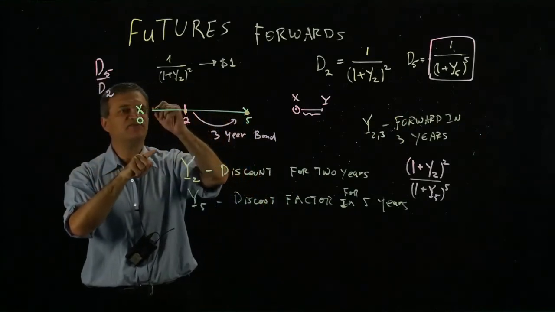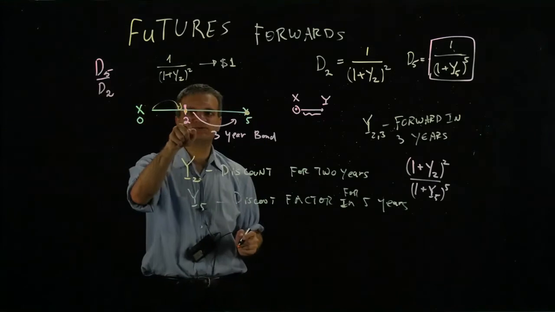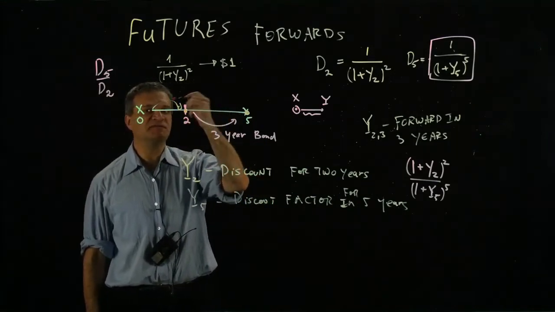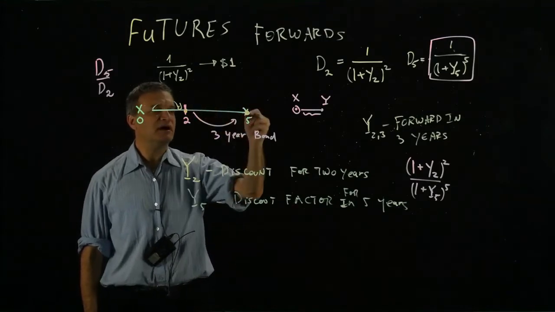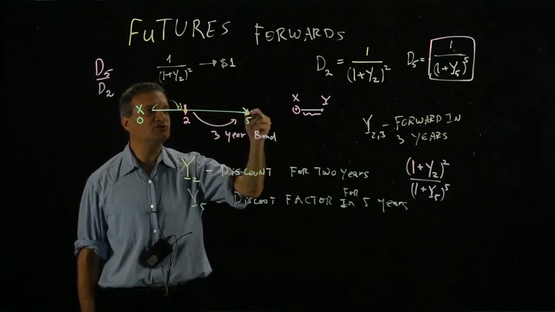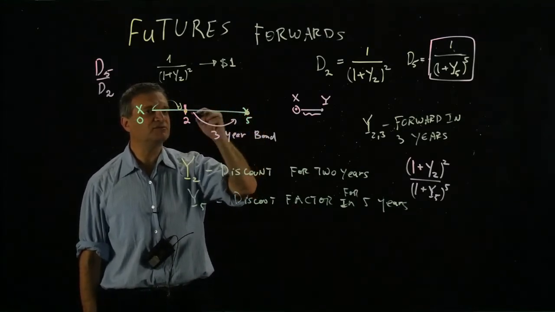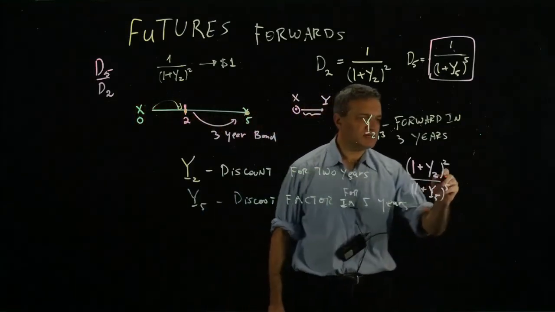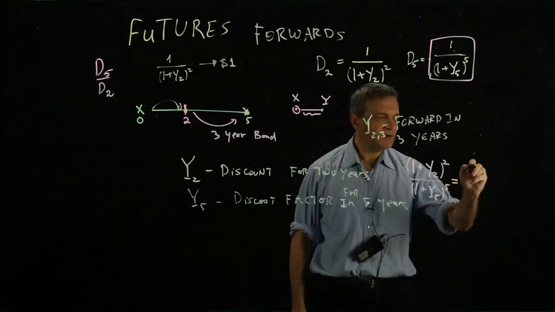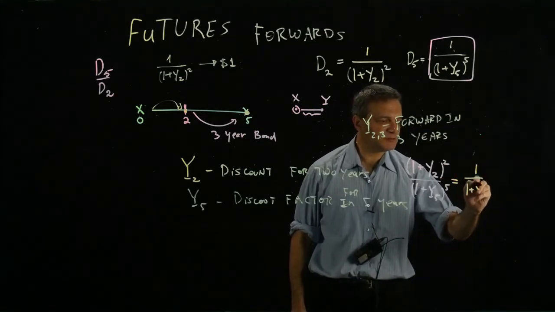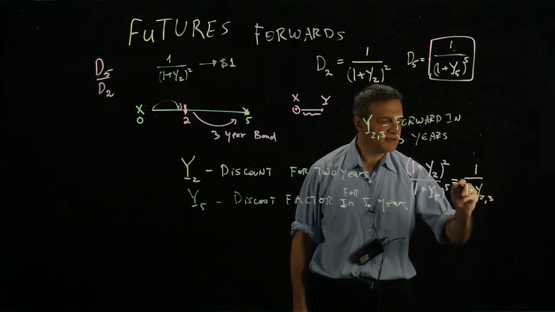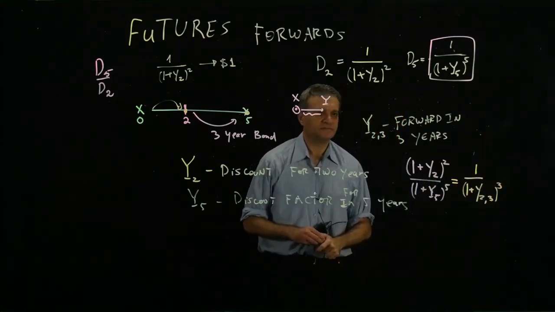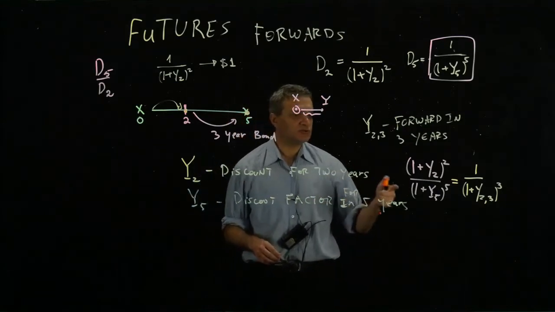Fast forward in 2 years, you're going to get the price of something that will give you $1 into the future of 5 years, which is basically 3 years here, okay? So this will have to equal 1 divided by (1 + y23) to the cube.